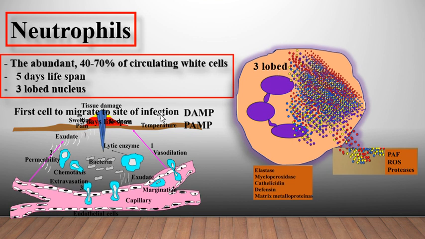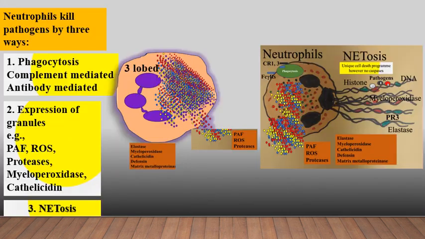Neutrophils are the first cells to migrate to the site of infection, and they are attracted there by damage associated molecular patterns and pathogen associated molecular patterns.